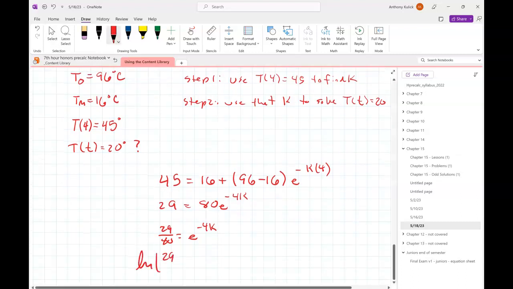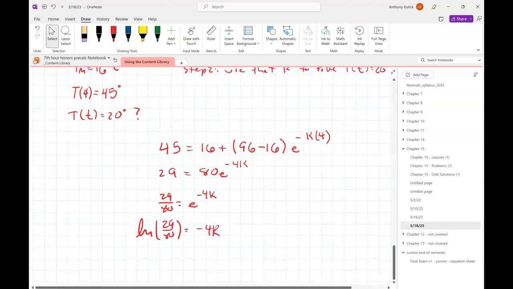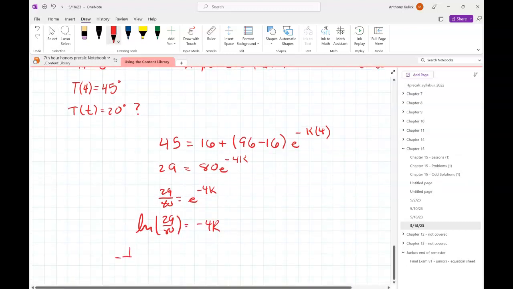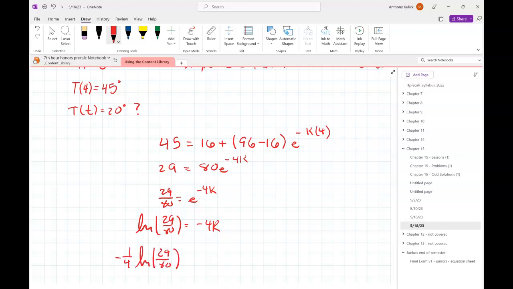Yes, sir. Natural log of both sides. And then just divide by 4. And again, I'm going to write it as times negative 1/4, just so I don't get confused looking back at whether I'm dividing that negative 4 inside the logarithm or outside the logarithm. Here it's clear that it's happening outside.